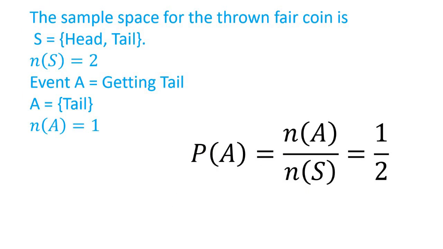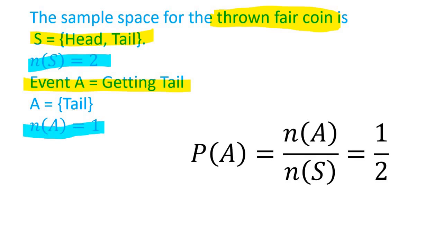So the first example is throwing a fair coin. In here, I already listed out all the sample space, and the event I want now is getting tails. So the number of sample space is 2, number of events is 1, according to the list I have. So based on the list, I can get the number of sample space and also the number of events.